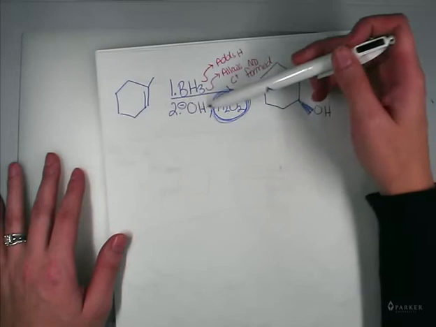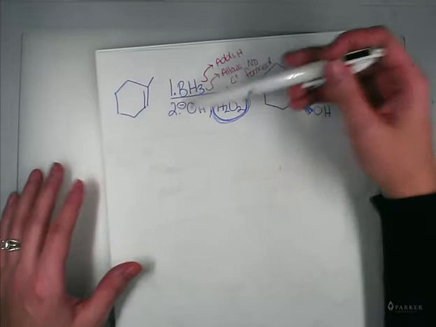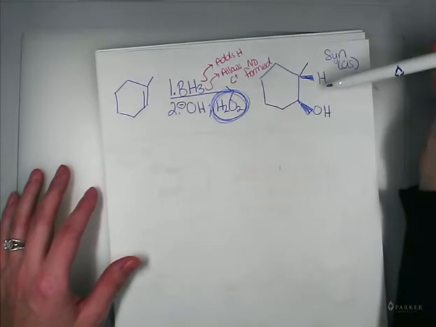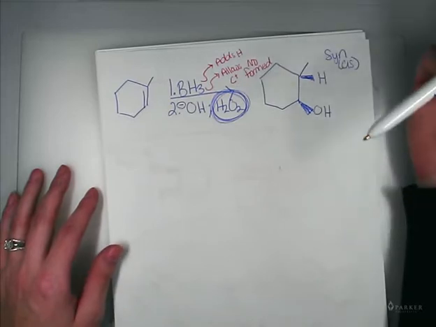And then what's the point of the hydroxide here, the OH? That's where it gets rid of the BH3 and it adds as the alcohol there. And what is the point of the peroxide?